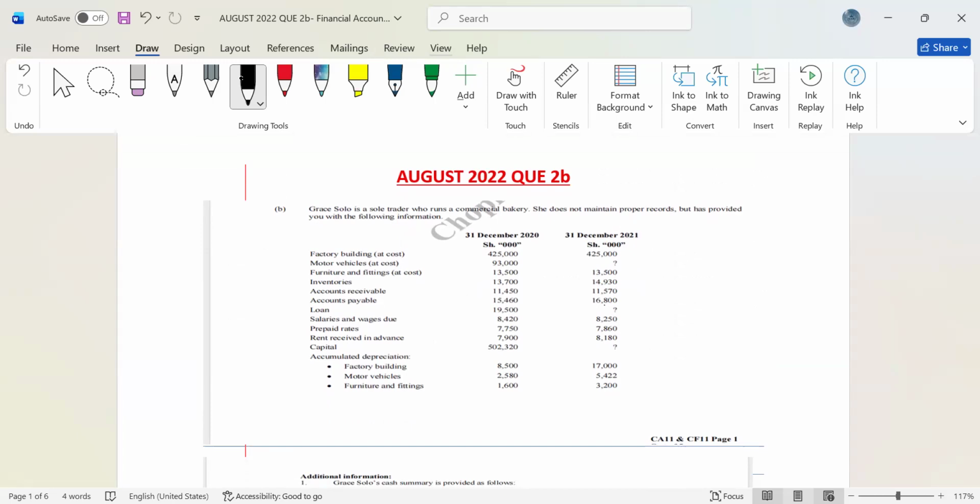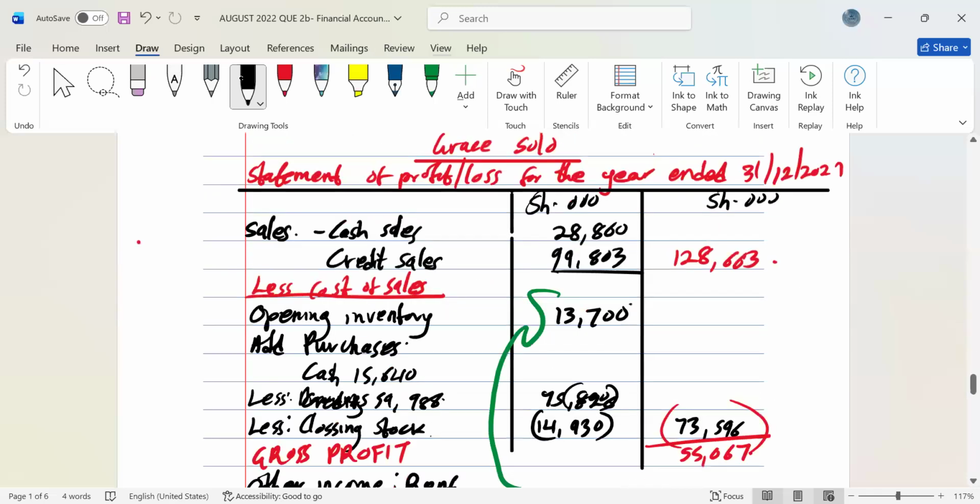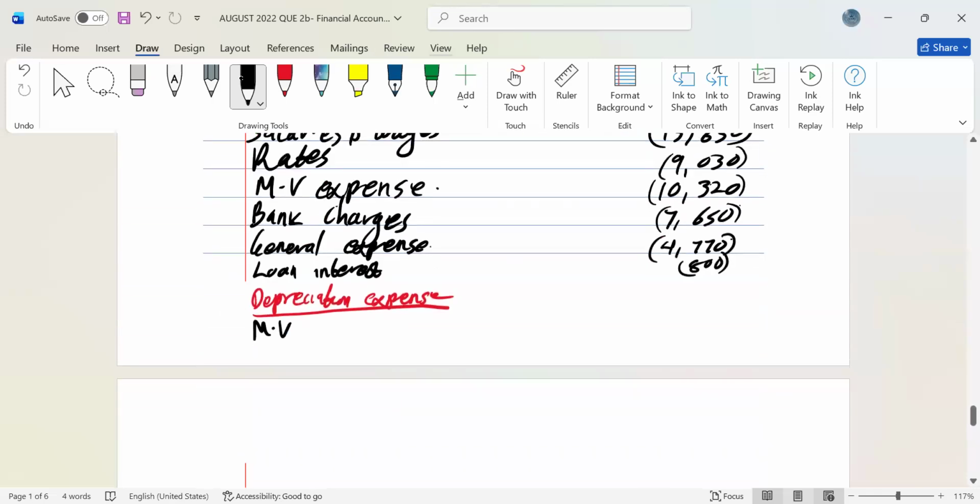Wakimaliza mwaka it's now becoming 5422. What was the one for the year? We are just simply getting the difference. Sawa.